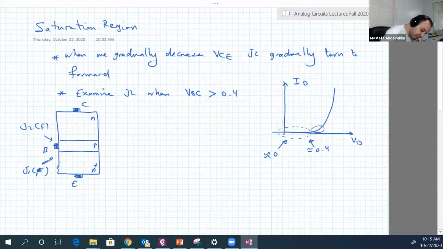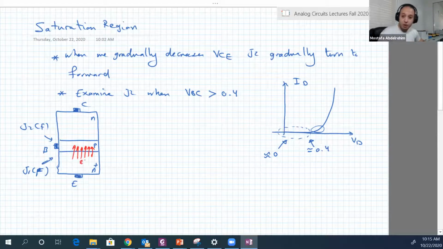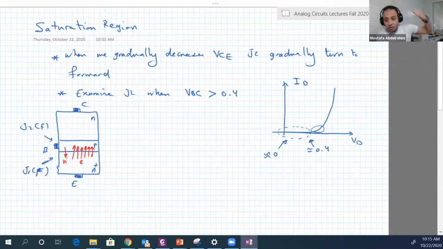We have some electrons, as we said last lecture, flowing from the emitter to the base, then they will be attracted to the voltage VCE. And we have a small number of holes going from the base to the emitter.